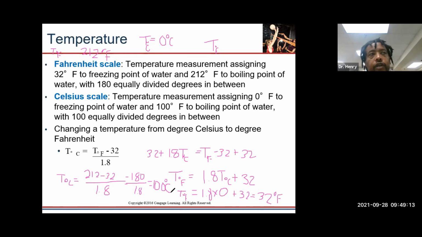Okay. So in chemistry, we're able to use all three measurements, but frequently we use another measurement called Kelvin. Kelvin is based upon the absolute scale. The absolute scale basically is the point where at 0 degrees Kelvin, molecules stop moving.